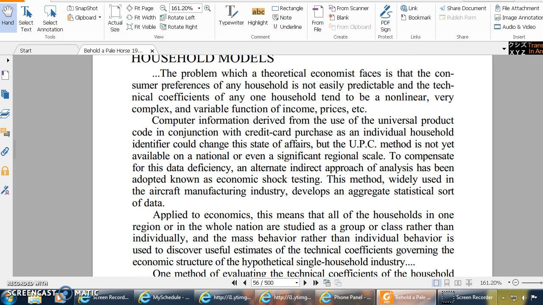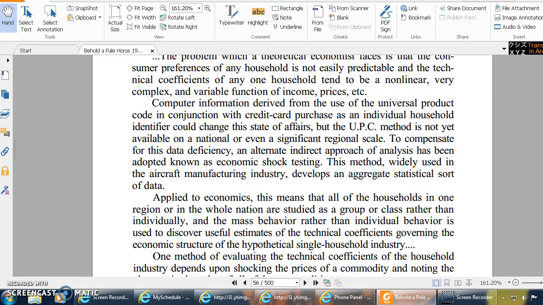Applied to the economics, this means that all of the households in one region or in the whole nation are studied as a group or class rather than individually, and the mass behavior rather than individual behavior is used to discover useful estimates of the technical coefficients governing the economic structure of the hypothetical single household industry.